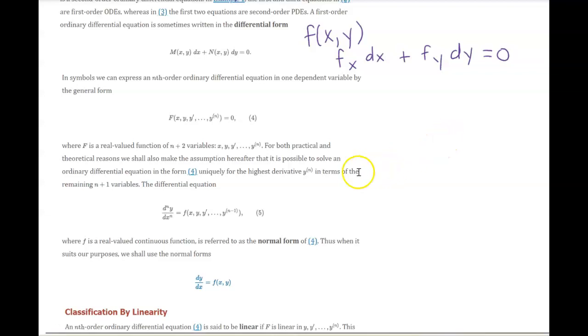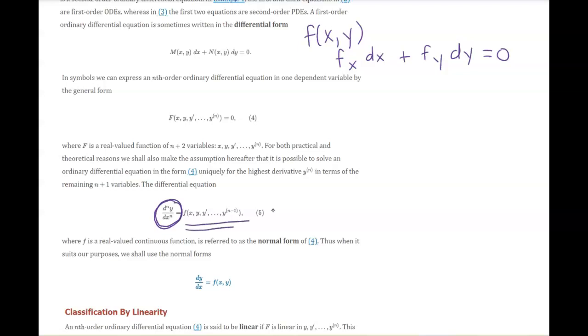Another form that you might see is called normal form. If you have any kind of function of x and a couple different of its derivatives equal to 0, then you can move that nth derivative to one side and then have a function of x, y, y prime, what have you, on the right-hand side.